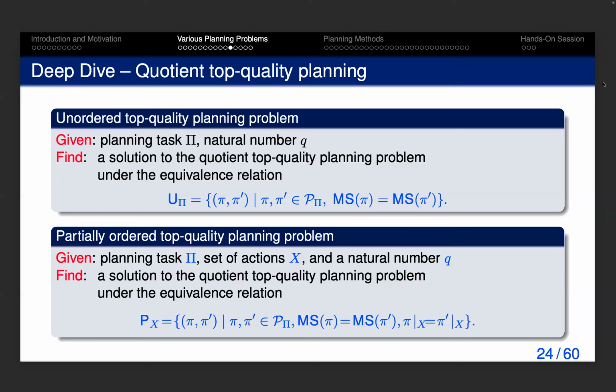I didn't mean to interrupt, but you have a question. Go ahead. When you're talking about caring about the ordering of some subset of the actions, do you care about those actions because of some unexpressed user preferences? Yes, exactly, right?